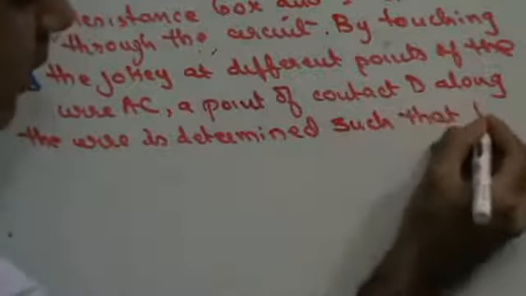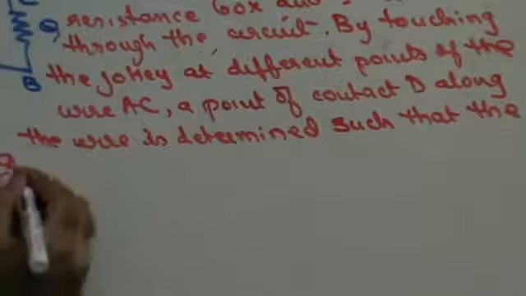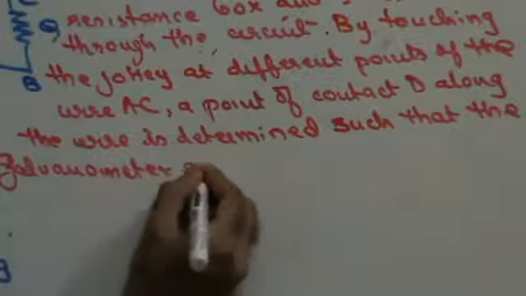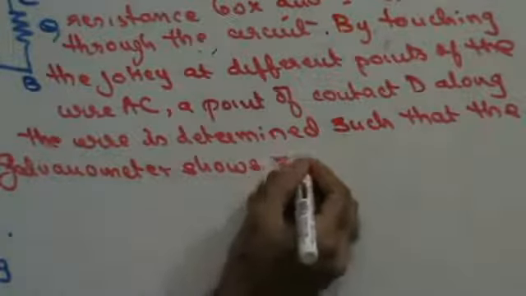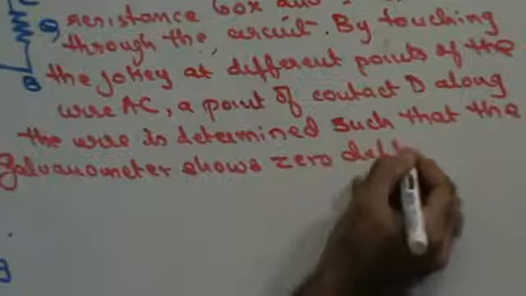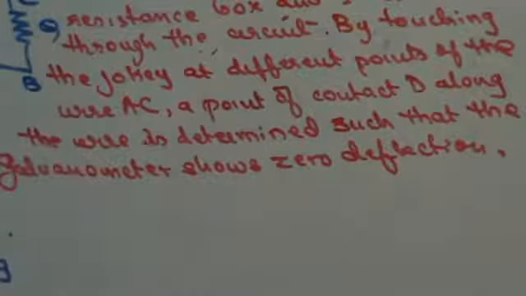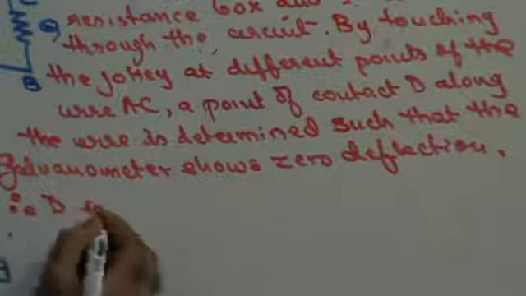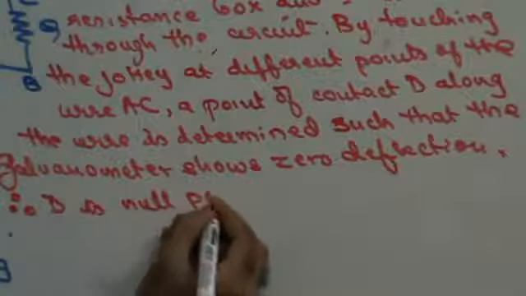So I'm going to find out my null point, right? Therefore D is the null point.